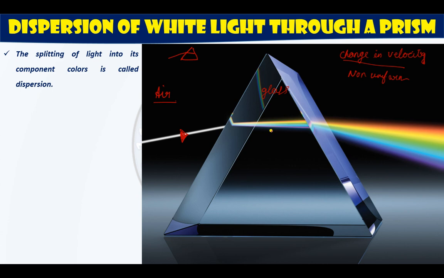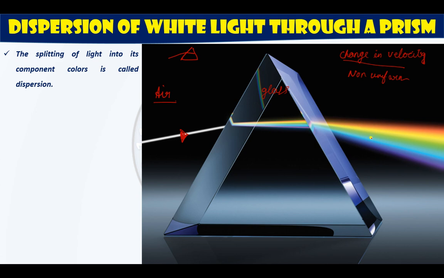But the idea is that the change in velocity is non-uniform because different colors have different velocity, and due to that they undergo bending in a different manner depending upon their velocity. Velocity is more, velocity is less, and accordingly the bending will be more or less. Fine, that is the idea, due to which we see that a single white light is split into 7 colors due to the difference in their velocities of traveling in air.